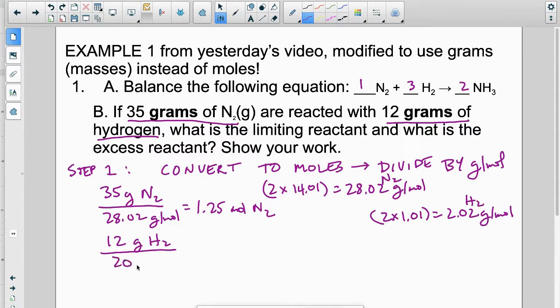Again, divide this out. So 12 divided by 2.02 is going to give us 5.94 moles of H2.